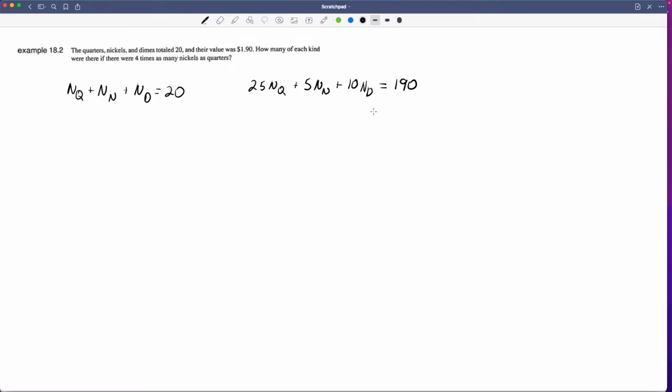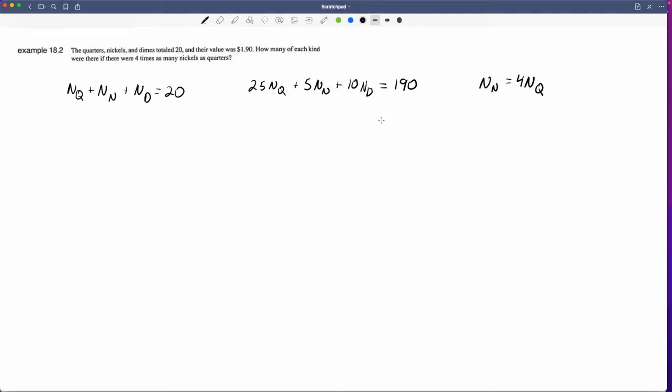How many of each kind were there? If there were 4 times as many nickels as quarters. So the number of nickels was equal to 4 times the number of quarters.